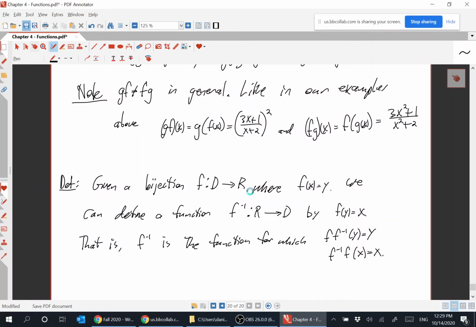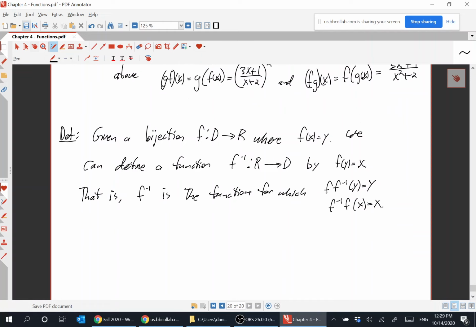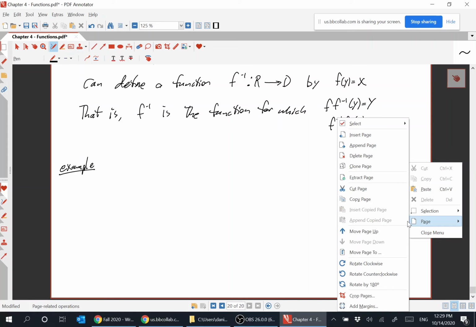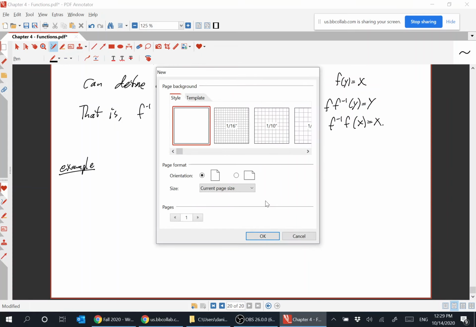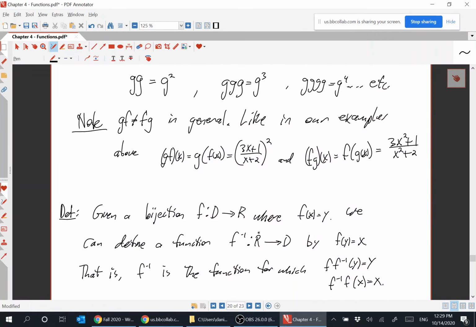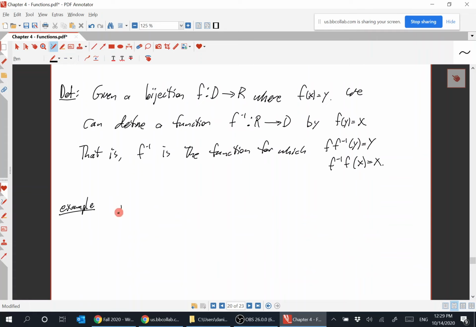So, for example, let's go back to that Moebius function (3x+1)/(x+2).